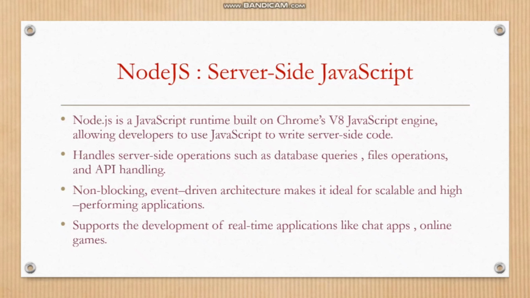It also supports a non-blocking event-driven architecture, making it ideal for scalable and high-performing applications. It also supports real-time applications like chat apps, WhatsApp, and Facebook, and it also supports online games.